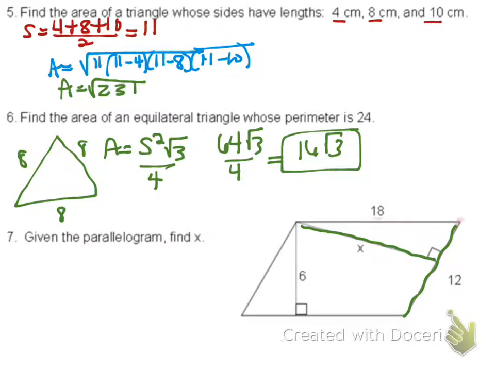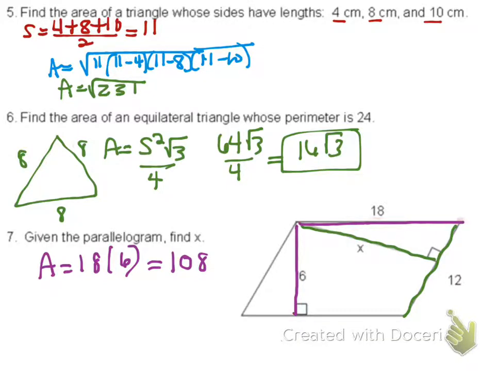But let's see what other information they give us. They give us that this height is 6, and this base is 18. So I can find the area. So area equals base times height. So that's 18 times 6, which is 108. So I do know that the area of this whole parallelogram is 108.